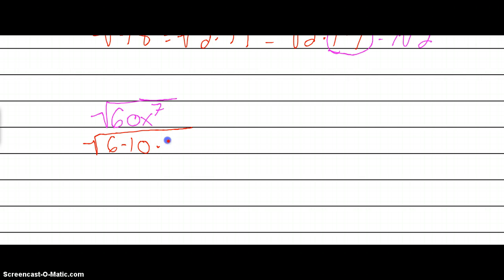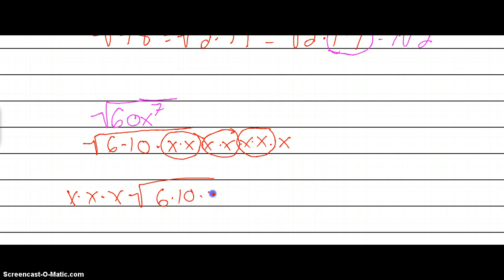Right, x to the 7th is just x times x times x times x times x times x times x. So now we find your pairs. So that's 1 pair, that's 2 pairs, that's 3 pairs. So we take everything out, so that's x times x times x times the square root of 6 times 10 times x.